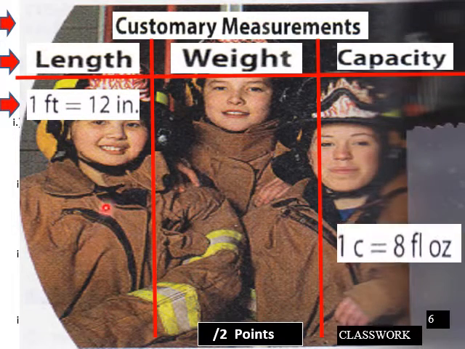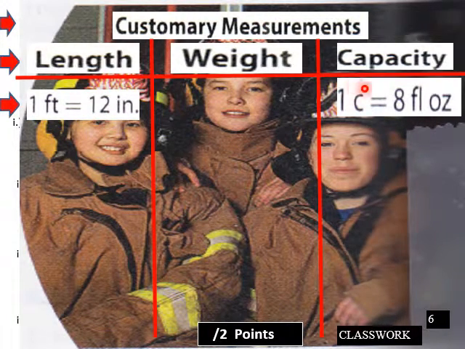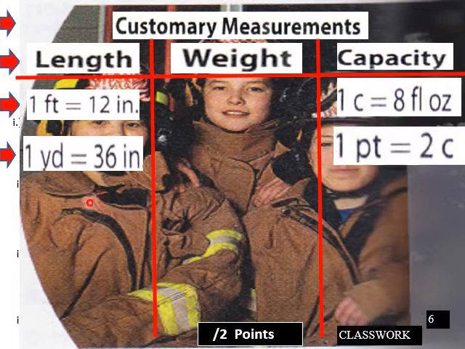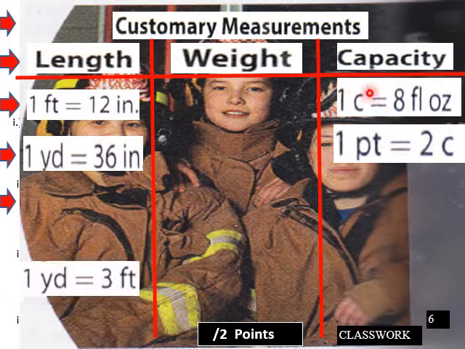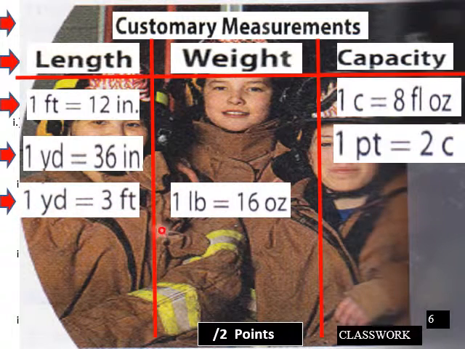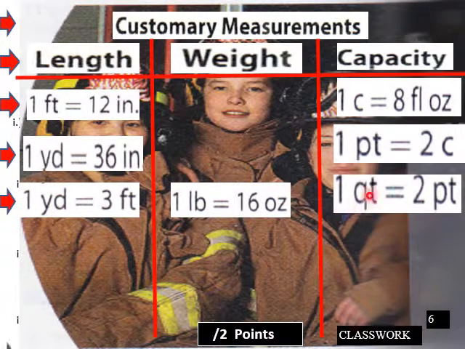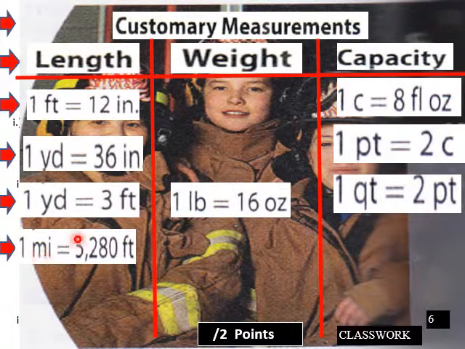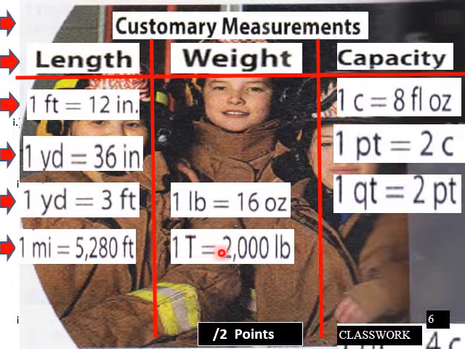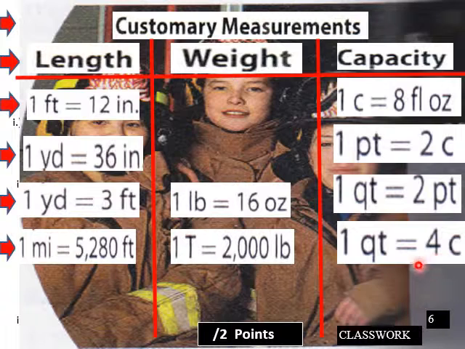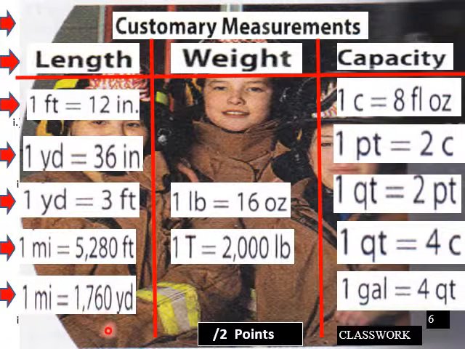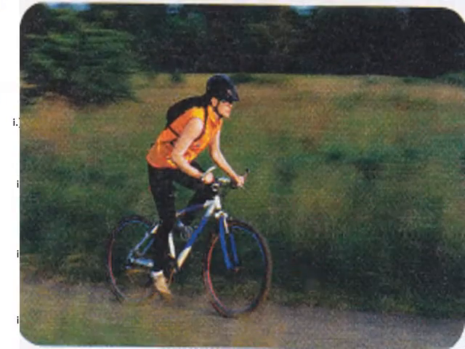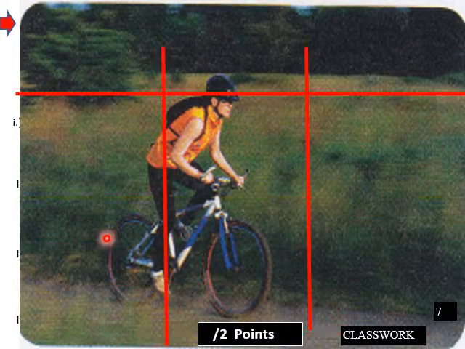Length, weight, and capacity. 1 foot equals 12 inches. 1 yard equals 36 inches. 1 pint equals 2 cups. 1 cup equals 8 fluid ounces. 1 yard equals 3 feet. 1 pound equals 16 ounces. 1 quart equals 2 pints. 1 mile equals 5,280 feet. 1 ton equals 2,000 pounds. 1 quart equals 4 cups. 1 mile equals 1,760 yards. 1 gallon equals 4 quarts. Those are conversions from one unit of measure into another.